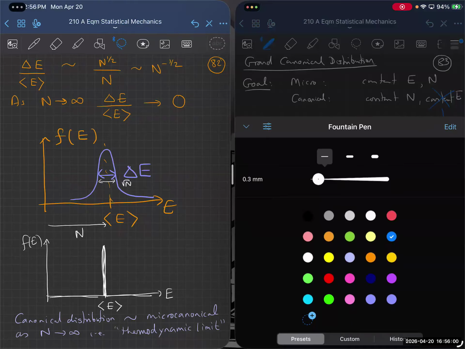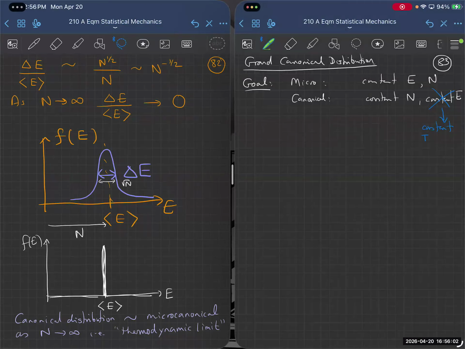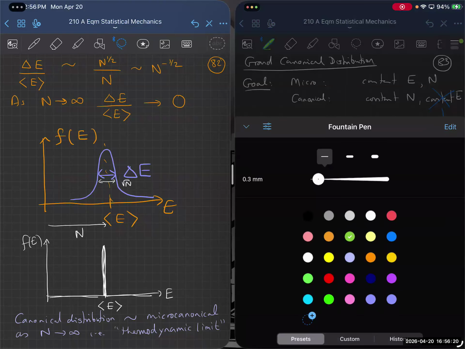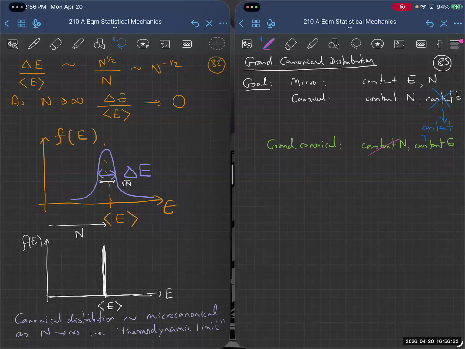So now we're going to take this process even further. We're now going to do what's called the grand canonical. And we're going to say, well, constant N, don't need that. Constant E, don't need that either. So we're going to cross out both of those things.